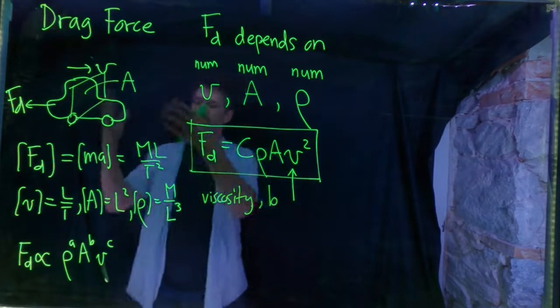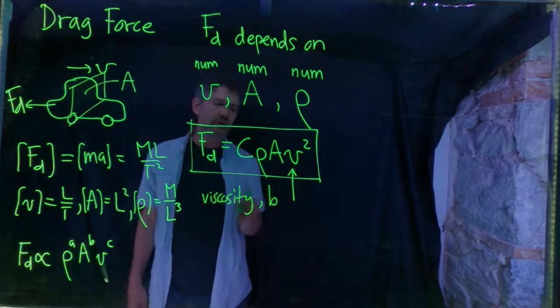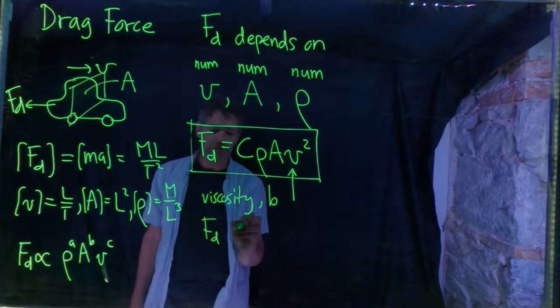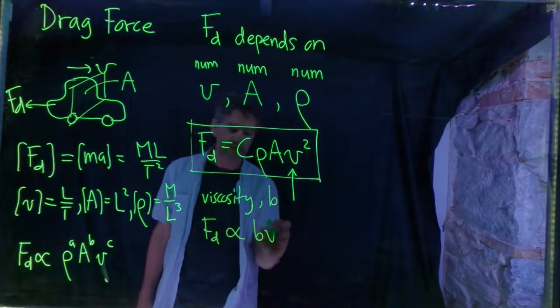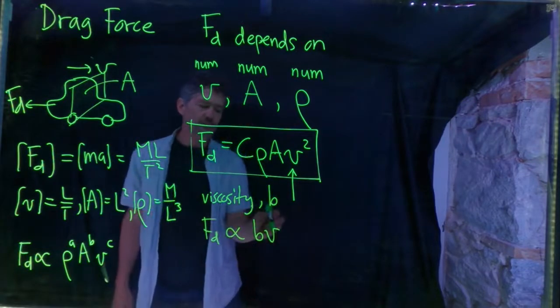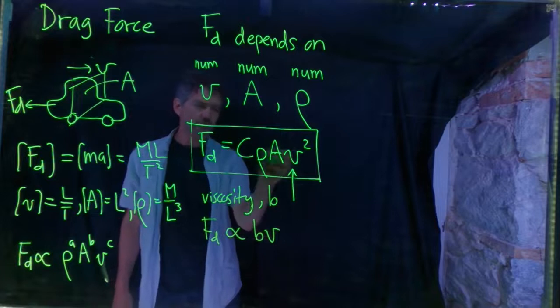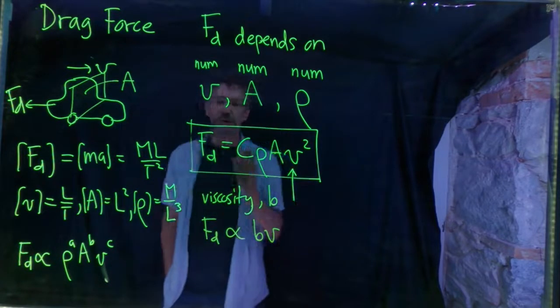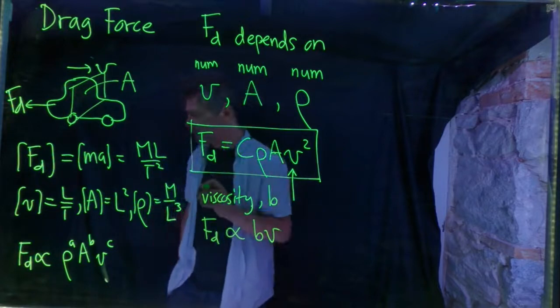So if the fluid has some viscosity, then you'll have a drag force term which is proportional to the viscosity times the speed. So you'll have a term linear in the speed, and then there'll be a term quadratic in the speed, and so on. But the power of dimensional analysis is quite remarkable.